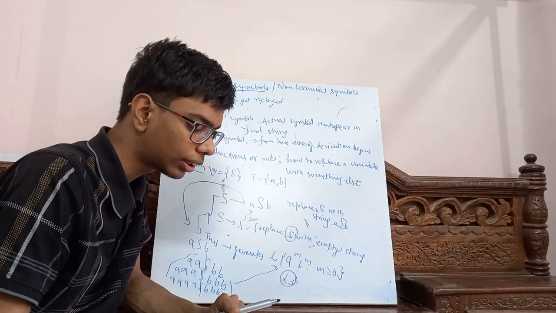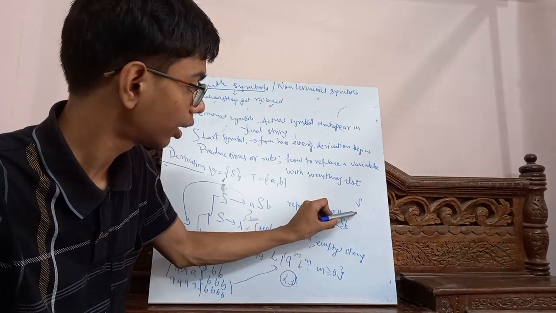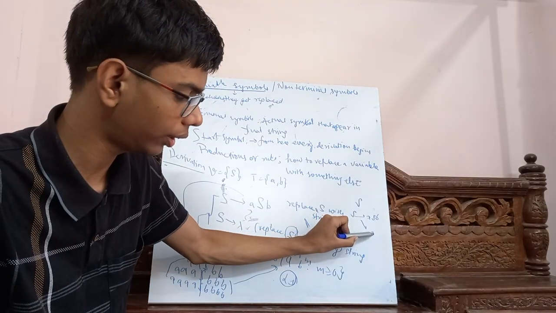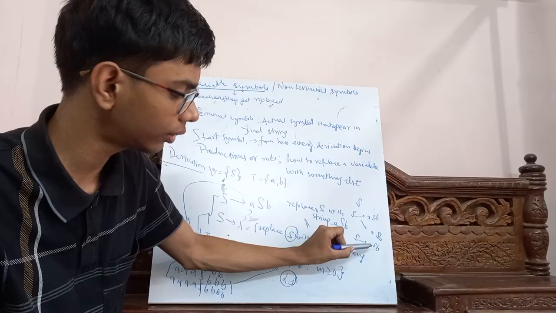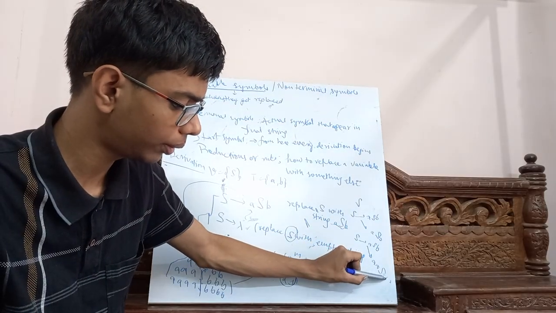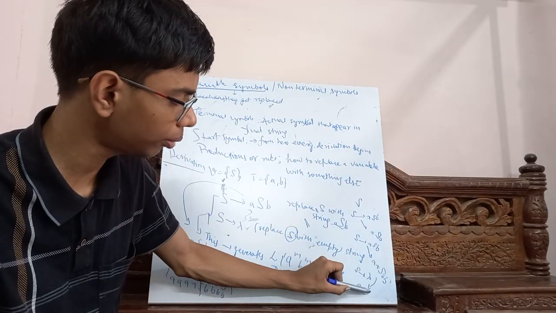One example: start with S, apply S → ASB, so this will be ASB, and then apply S → ASB again, then we will get AASBB, and then applying S → lambda, we will get AABB.